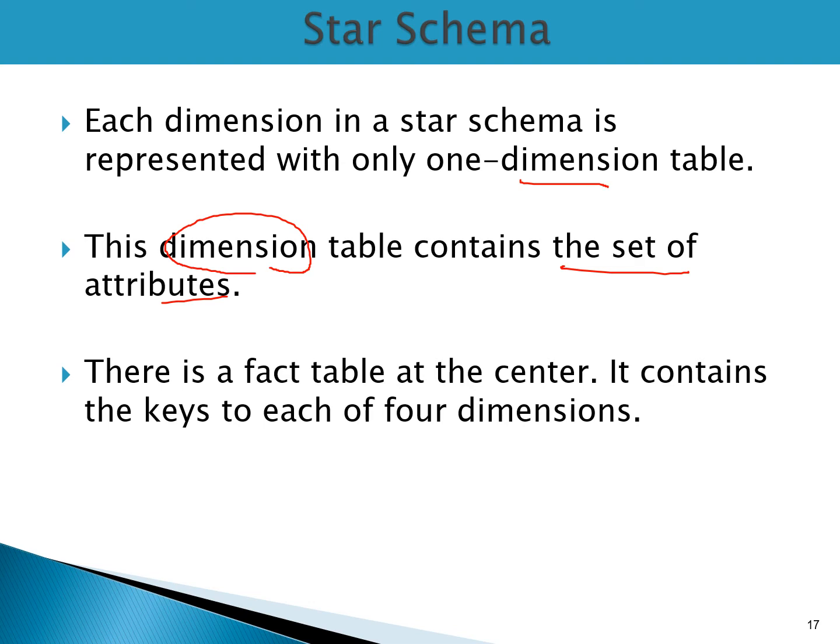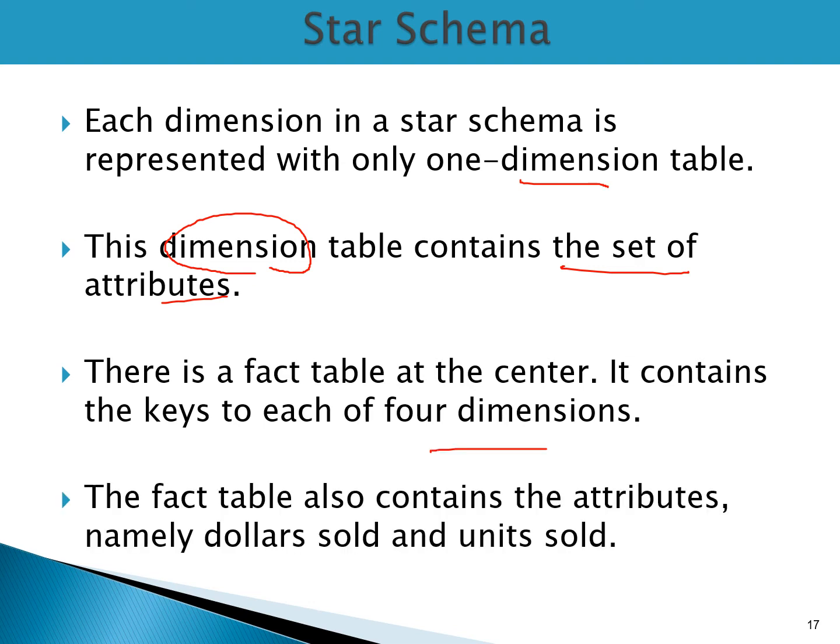And there is a fact table at the center of the schema. It contains the keys to each of the dimension tables. The fact table also contains the attributes dollars sold and units sold. So besides the keys, there are facts in the fact table, like dollars sold, units sold.